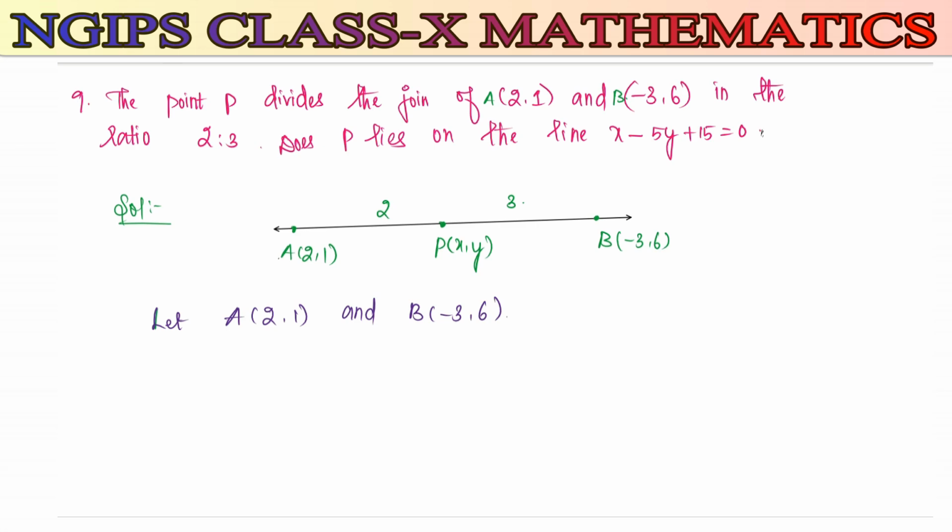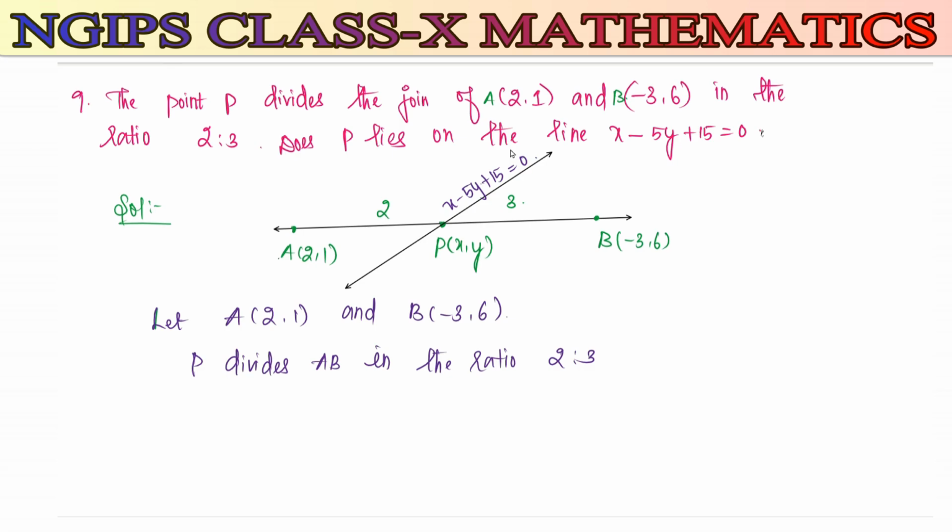Now here P divides AB in the ratio 2:3. Thus P lies on the line x minus 5y plus 15 is equal to 0. Now we are going to consider another line. Here I can name it as x minus 5y plus 15 is equal to 0.